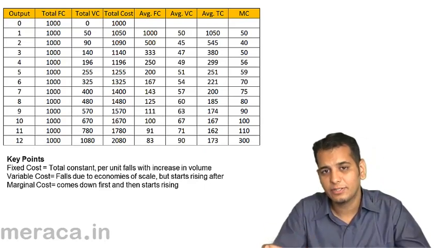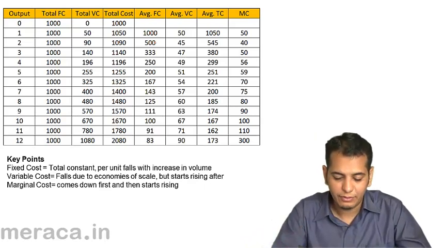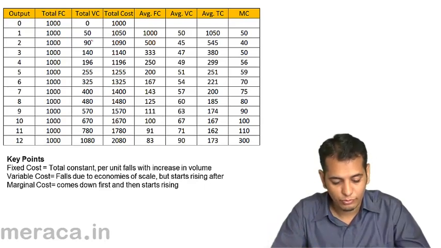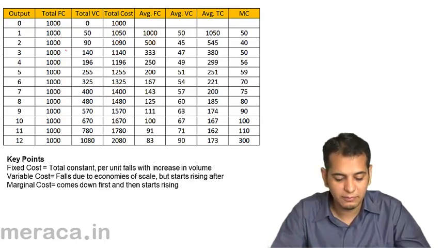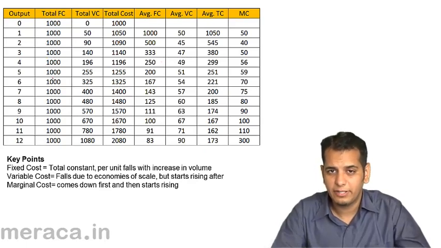For the second unit, or two units taken together, the average fixed cost would be 500, 1000 divided by 2. For 3 units, the average fixed cost will be 1000 divided by 3, that is 333. For 4 units, it will be 250, 1000 divided by 4.